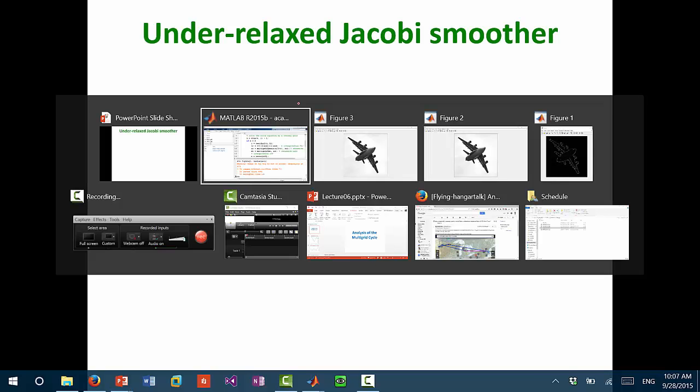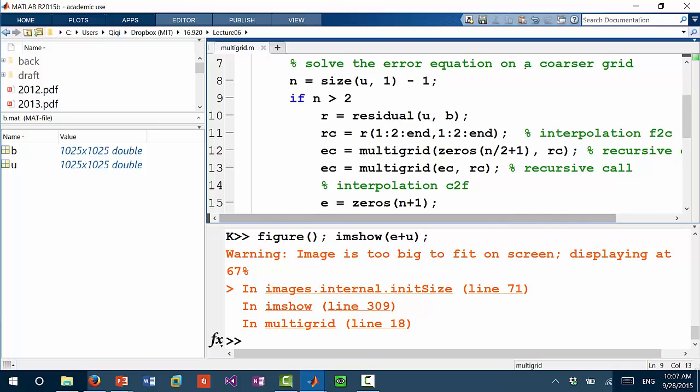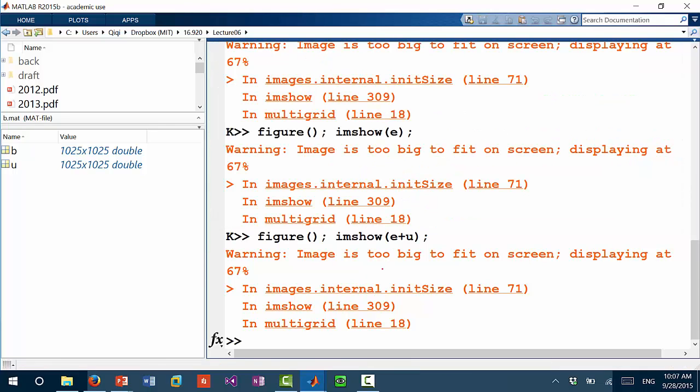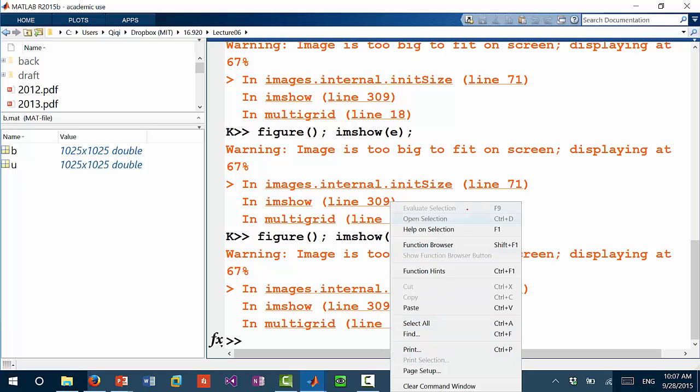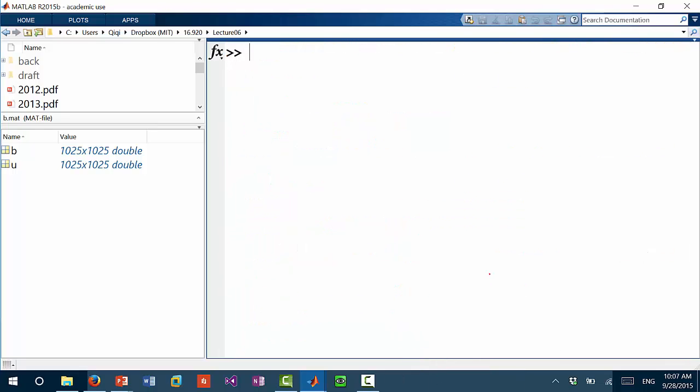So one thing we can see is that, let me close this file and let's also clear the command window. Right. So let's just do it in 1D, a Jacobi iteration matrix, and take a look at its eigenstructure. So let's first take a look at n equal to what? N equal to 8, for example.